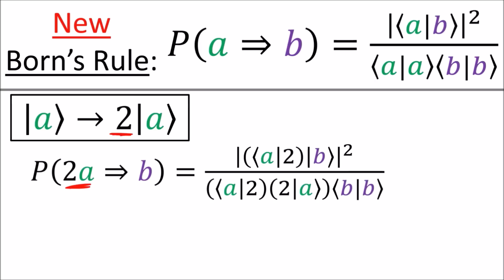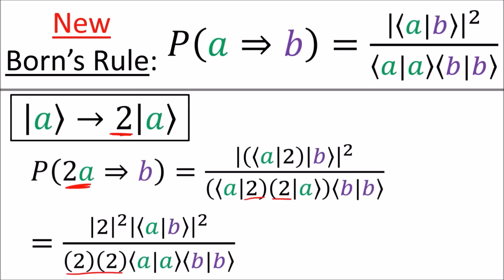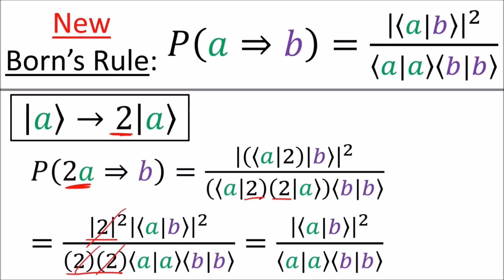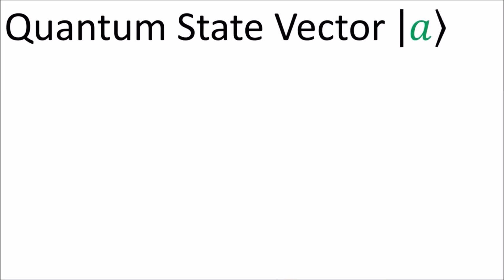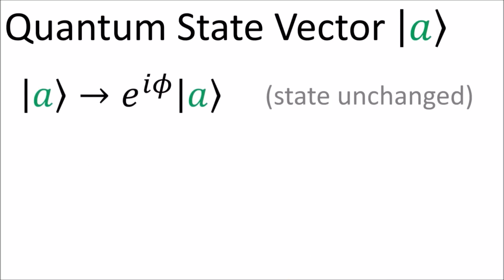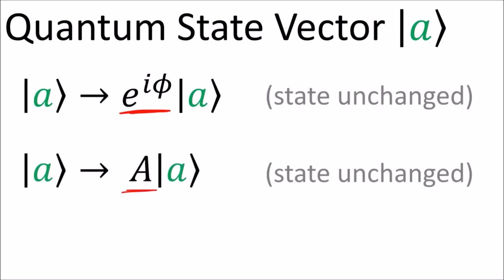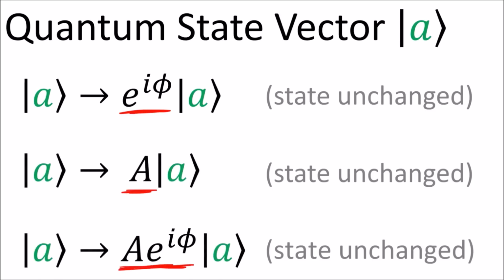So if we multiply the first state vector by 2, we get a factor of 2 squared in the denominator, which cancels with 2 squared in the numerator, leaving the probability result from Born's rule unchanged. So it's only the angle between states that matters, not the lengths of the state vectors. So with the new Born's rule, multiplying a quantum state vector by an overall phase, by an overall scaling factor, or both leaves the state unchanged.